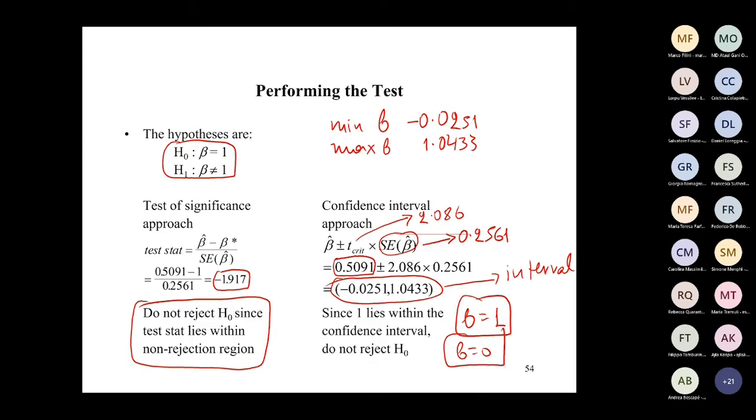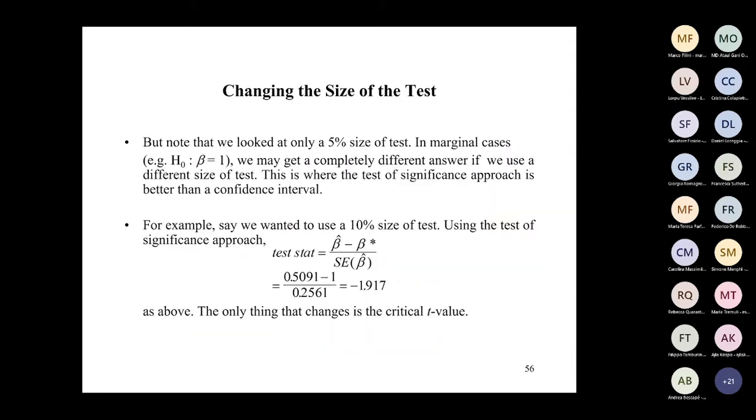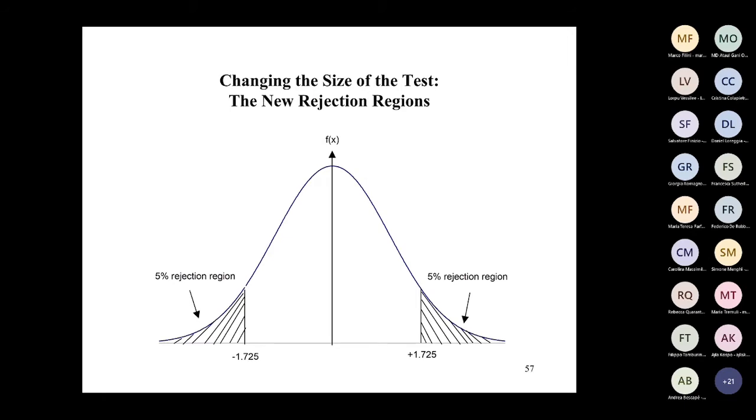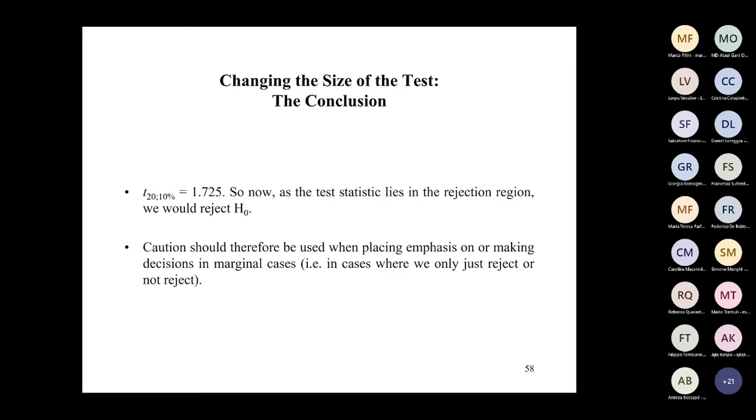If you change the confidence level, then the interval changes, and you can use a different critical value.